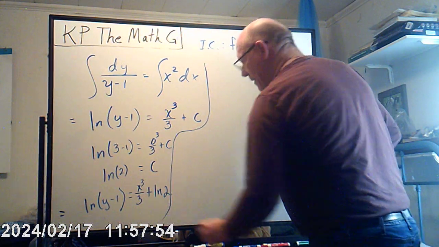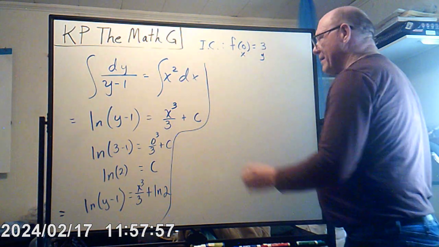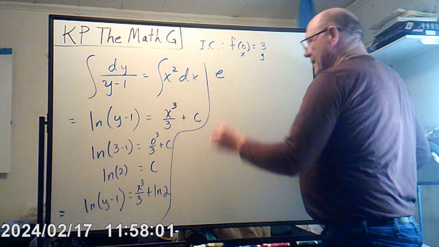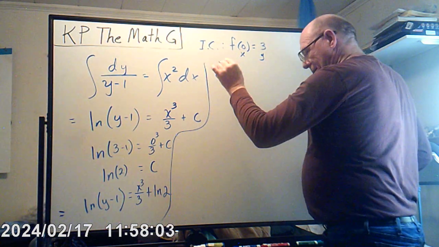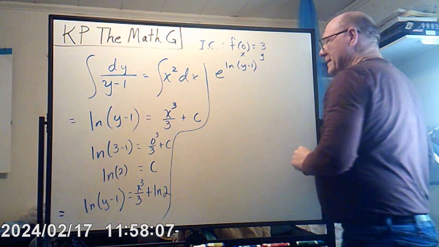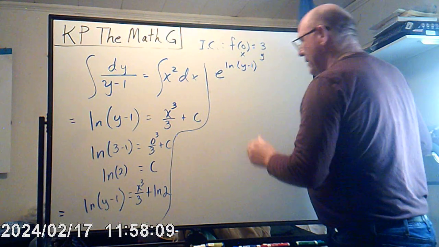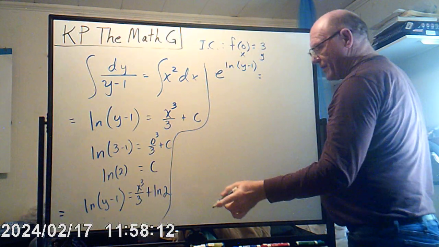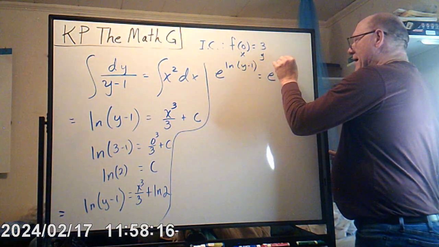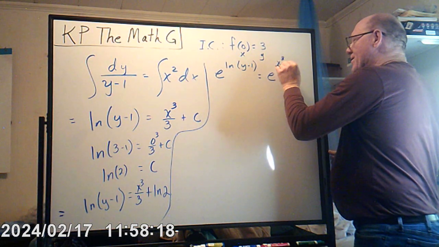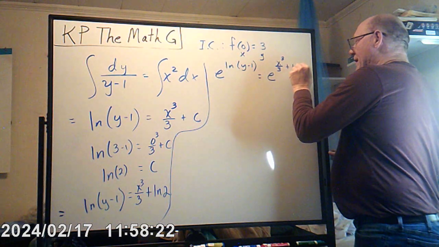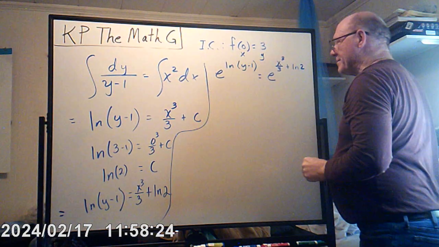Now, I don't know if I'm going to have room on this side to finish, but we're going to try it. e to the ln of y minus 1 is equal to, now you have to introduce it to both sides, e to the x cubed over 3 plus ln 2.